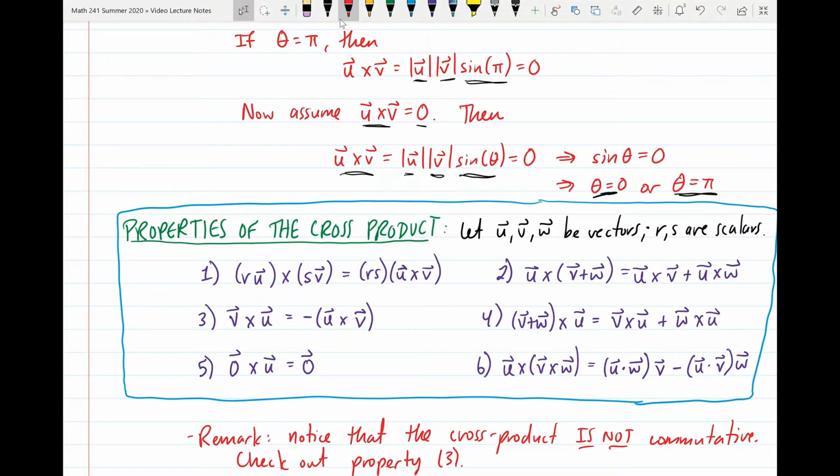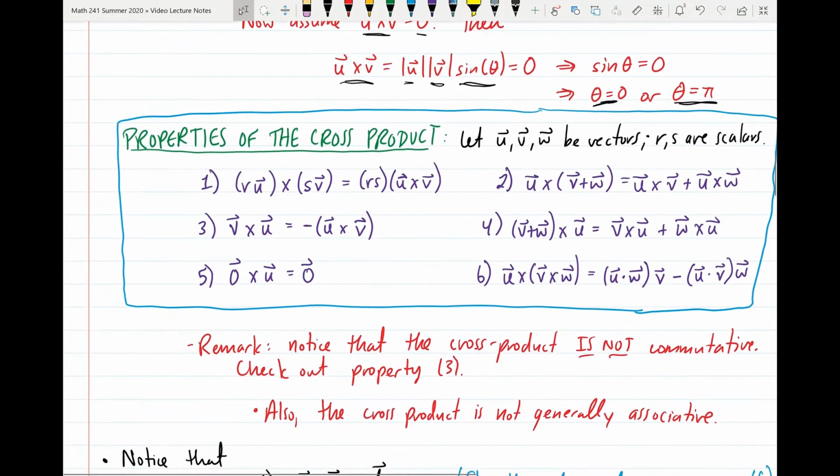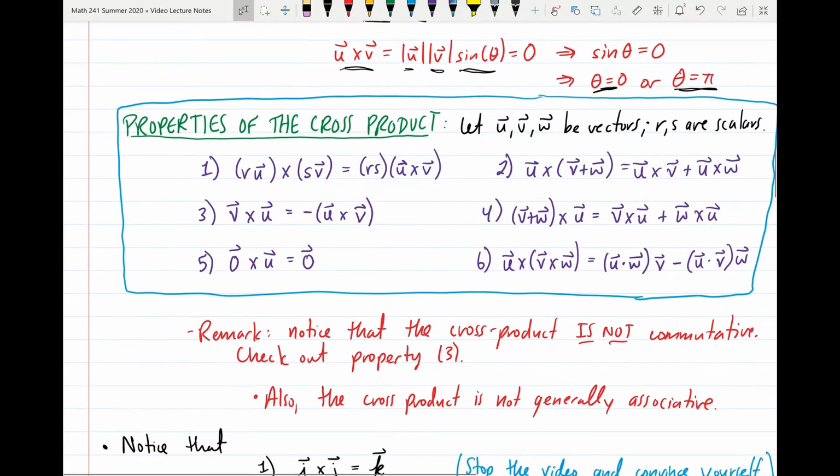So let's move on to some properties of the cross product, which I have listed here. Again, I don't want to go through all of these different properties. I just want to make them available for you, and they're also listed in the book, but I will mention some.